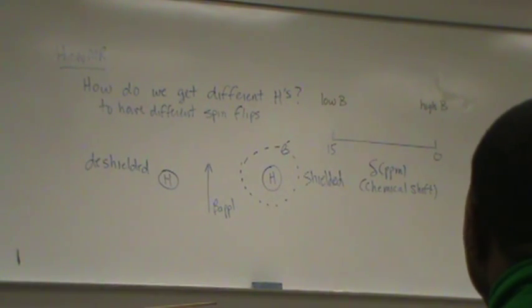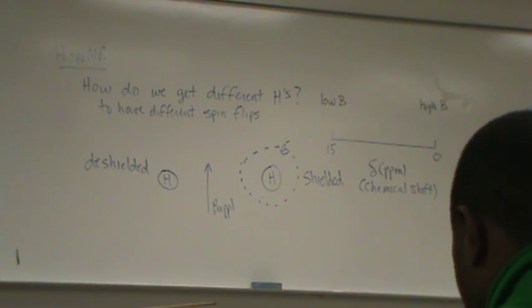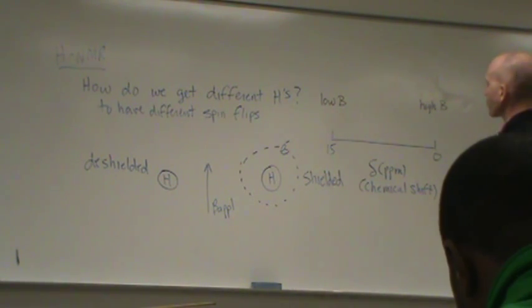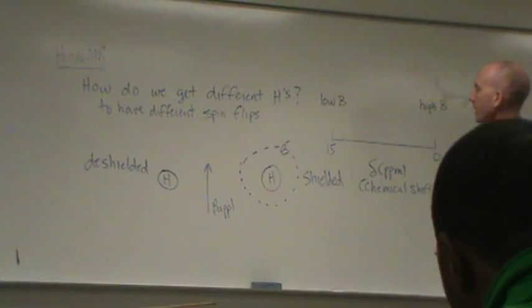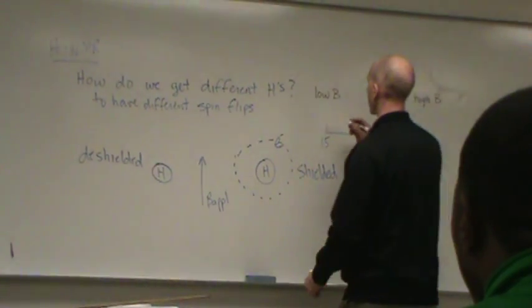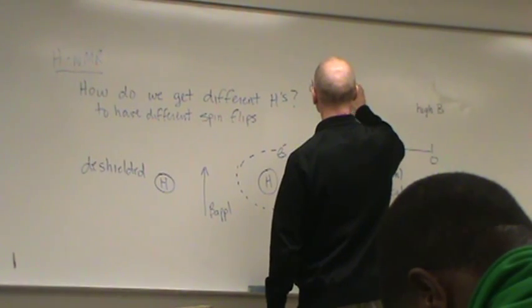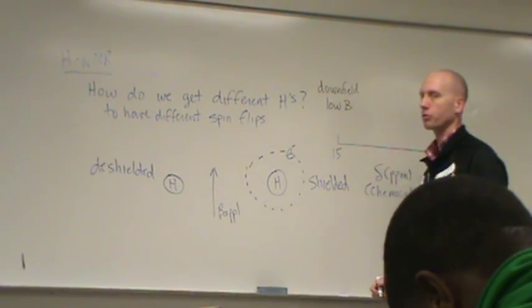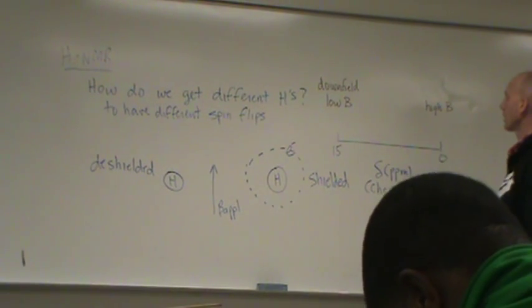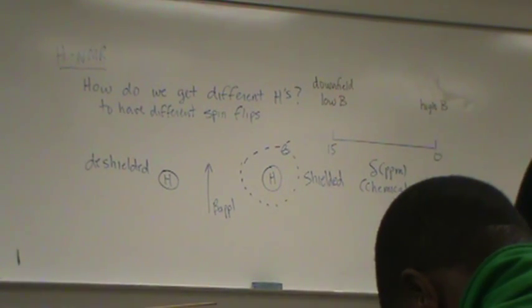Okay, so giving some parameters there. So low magnetic field is what we call downfield. And what do you think we call high magnetic field? Upfield.